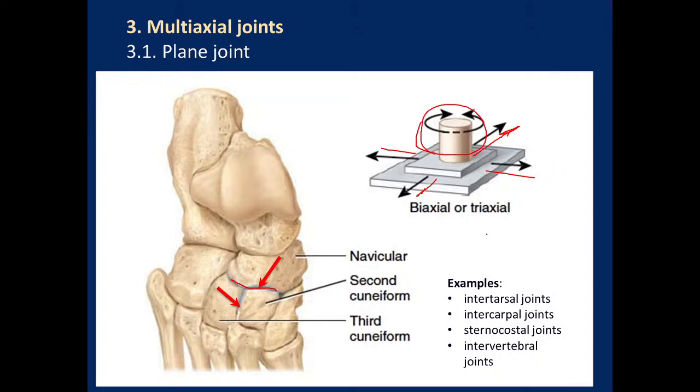They try to have circumduction like here. So that is the maximum type of movements we could find in multi-axial joints.